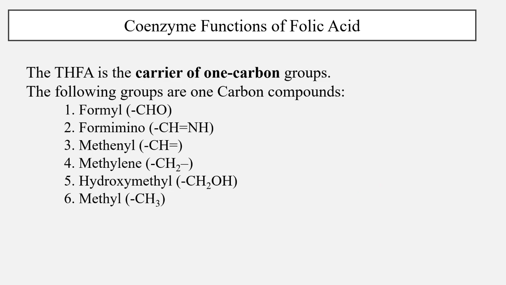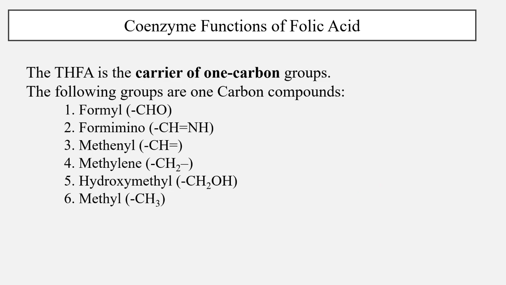So, what are the 1 carbon groups? Formyl, that is CHO; formimino, CH=NH; methenyl, only CH; methylene, CH2; hydroxymethyl, CH2OH; and methyl, CH3. So, these are the 6 one carbon groups.